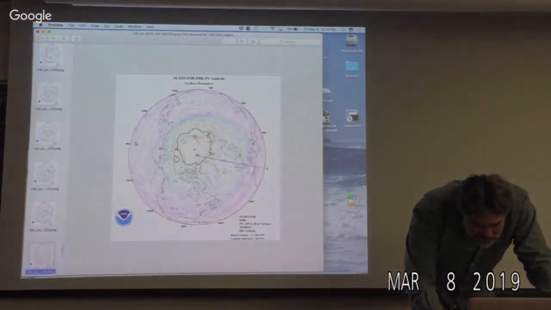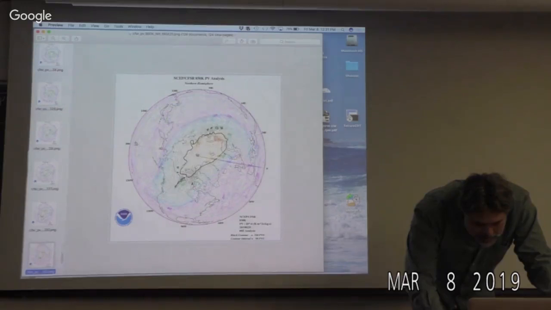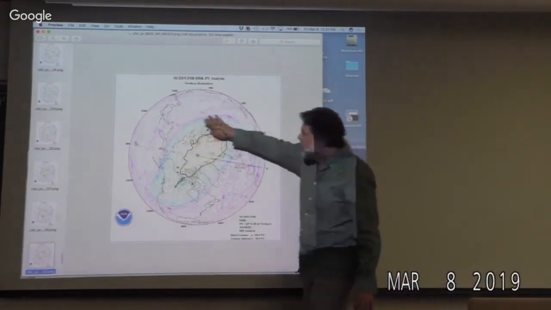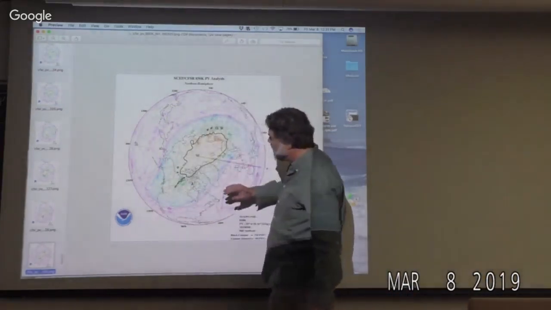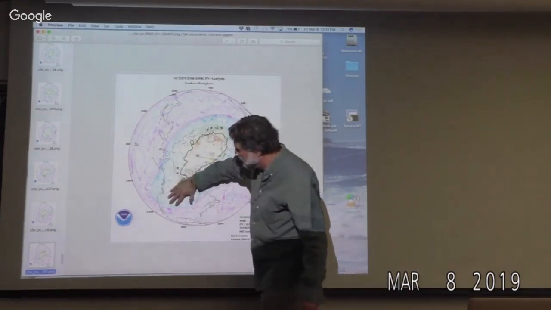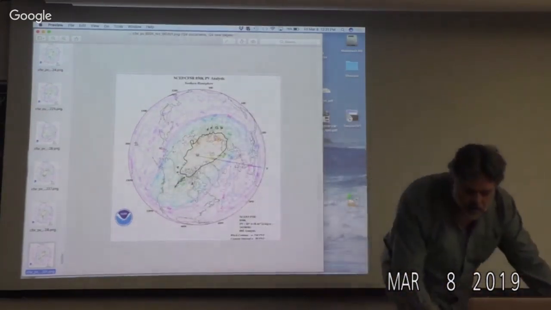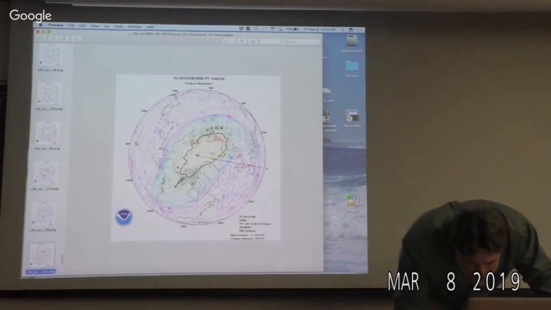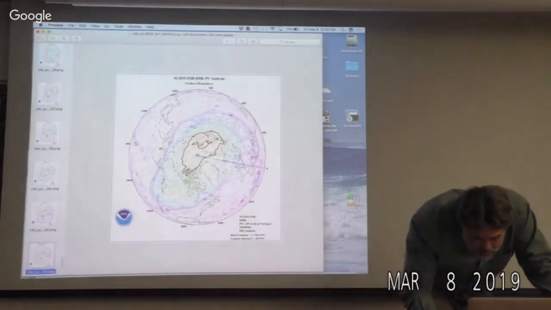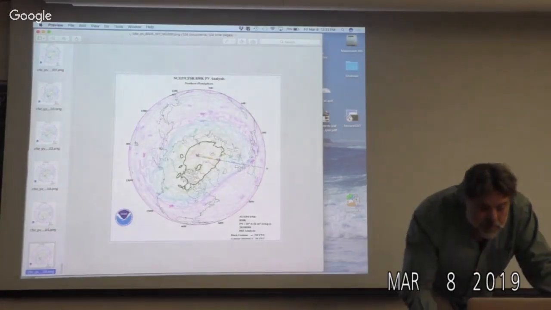And then let's see what happens if the polar vortex comes back. Yeah, so you could say this is the polar vortex, and it's sort of, again, starting to influence Central North America. This is March 1st, 2nd, 3rd, 4th, 5th, and 6th.